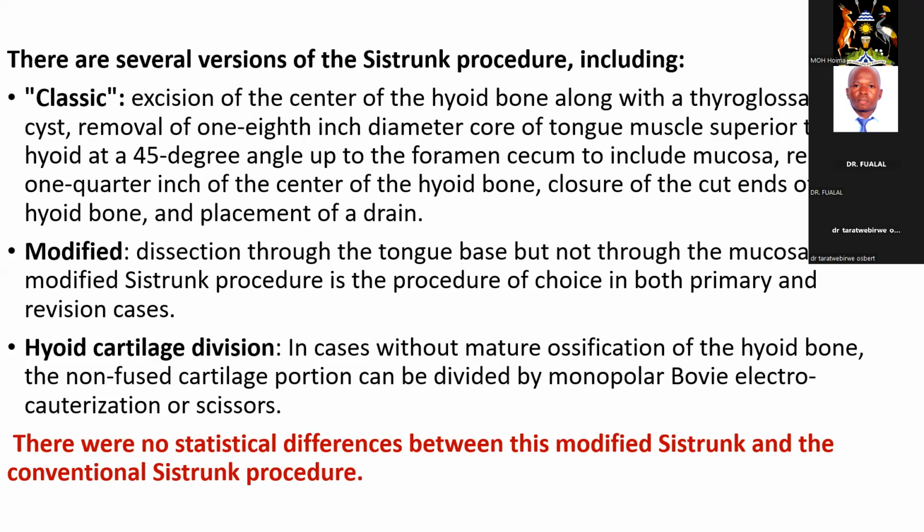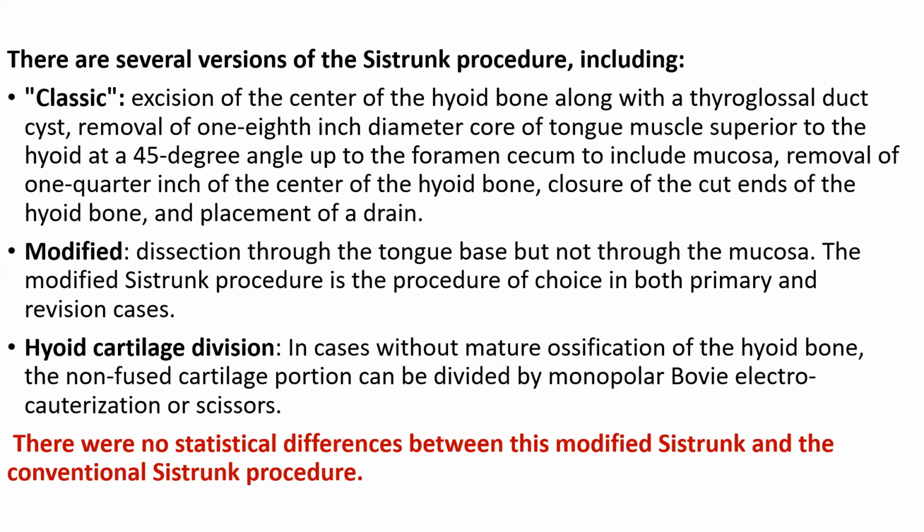Then for the young, where the cartilage has not ossified, we may have hyoid cartilage division with monopolar bioelectric cauterization or scissors. However, there are no statistical differences between the modified cyst trunk and the conventional cyst trunk procedure.